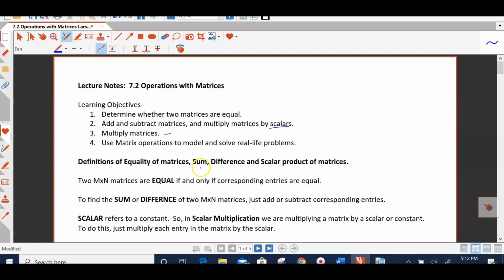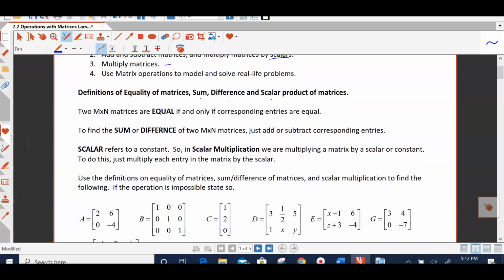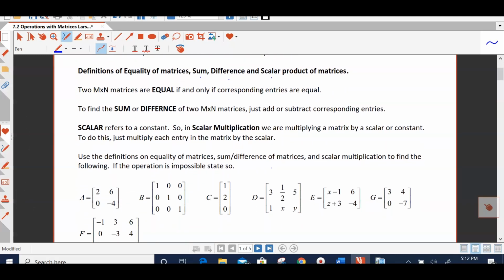So let's talk about sum, difference, and scalar product of matrices. All right, so we start off the definition as two m by n matrices are equal if and only if corresponding entries are equal. The fact that it says two m by n matrices are equal means that they must be the same dimension or size, or another word we used was order.